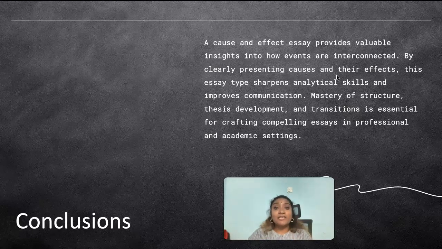Remember this: cause and effect provides a very important insight into how certain things are interconnected. Being able to present these ideas will help you sharpen your thinking skills and help you write compelling essays, which will help you later on in a professional setting. With that, I hope you have a bit of understanding of what a cause and effect essay is.